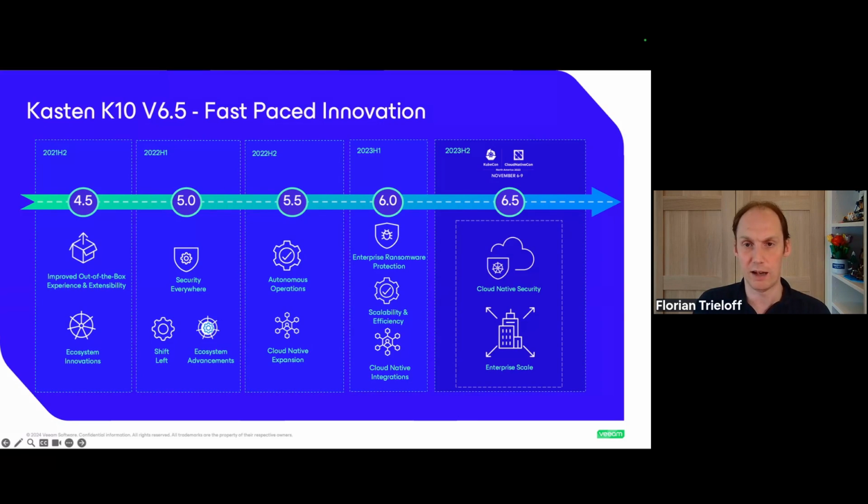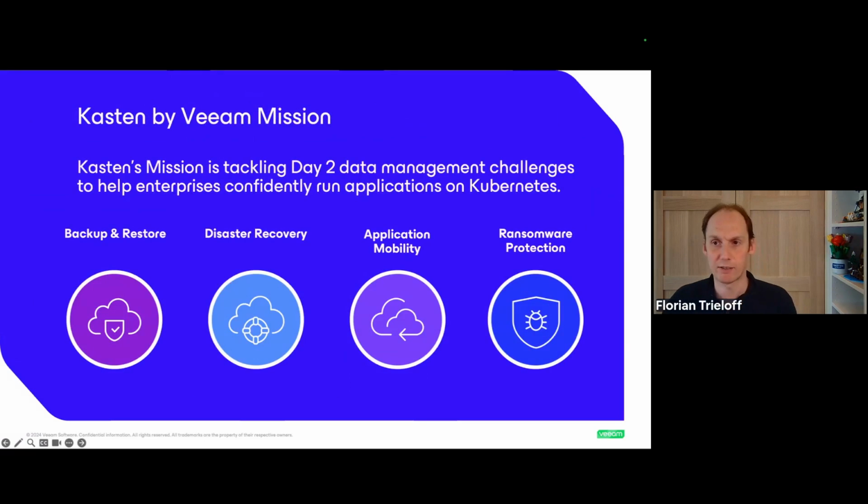And in the last two releases, I think the most important parts were enterprise ransomware protection, scalability, because you might not have just one cluster, you might have a lot more clusters in your environment, so scale everything, cloud security, and also all the self-service part here. But I won't go into details. We will talk about the next step, use cases of Kasten K10.